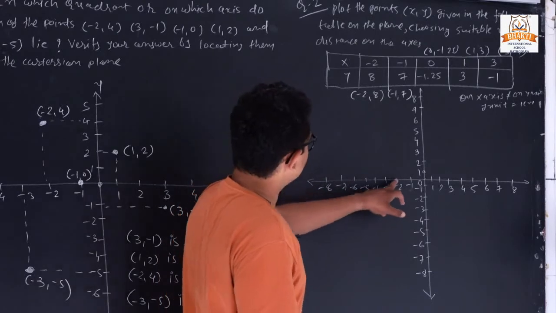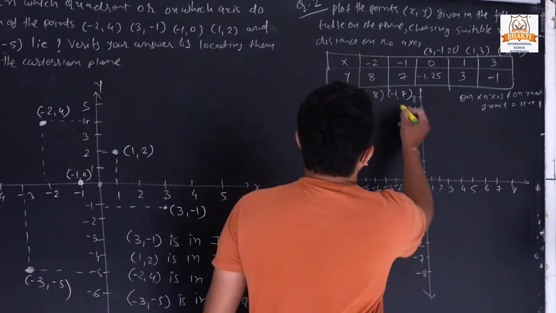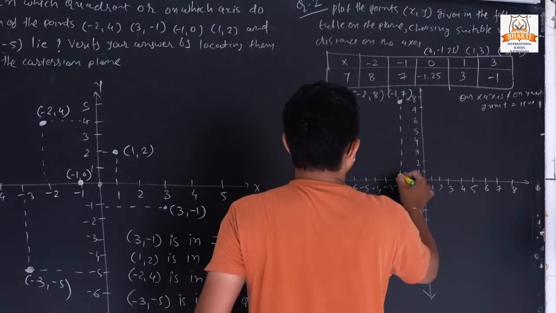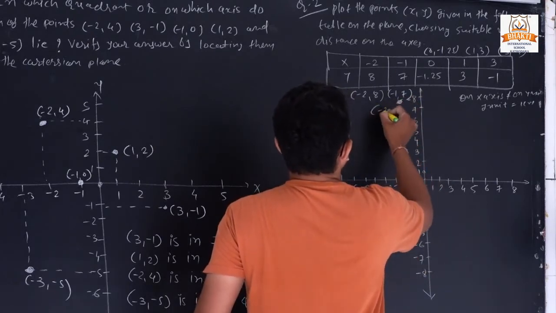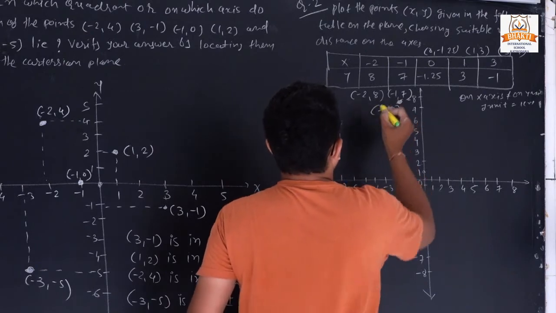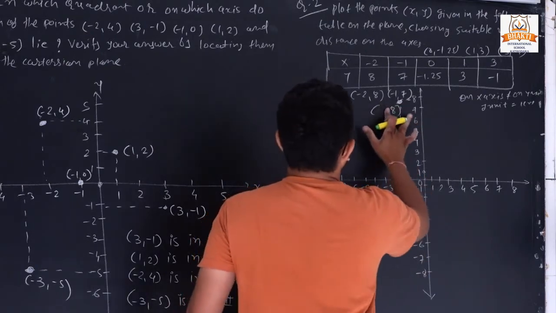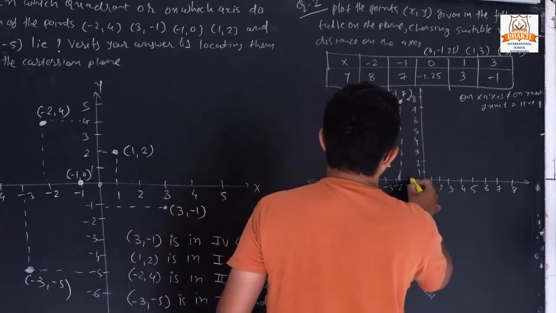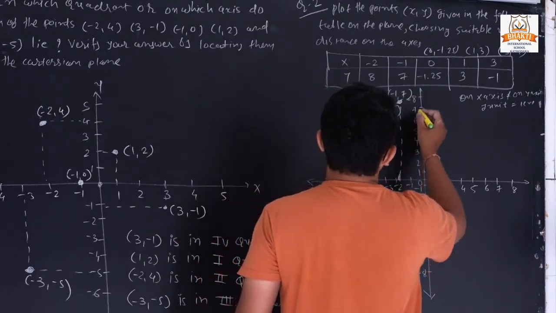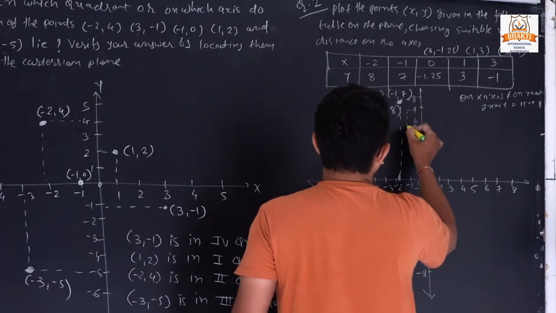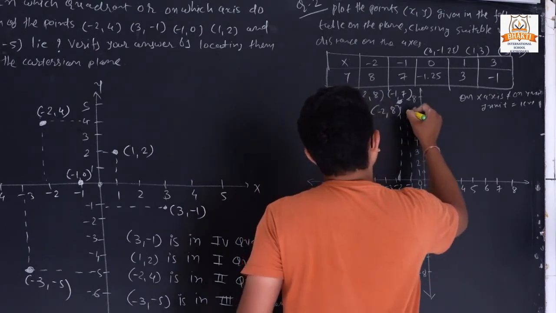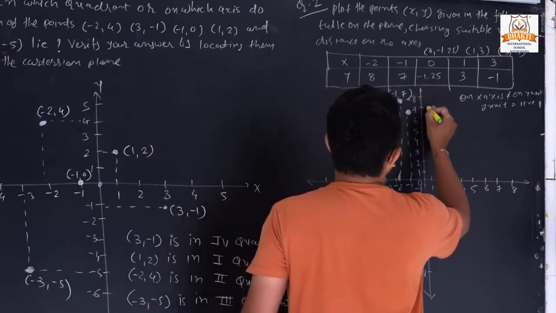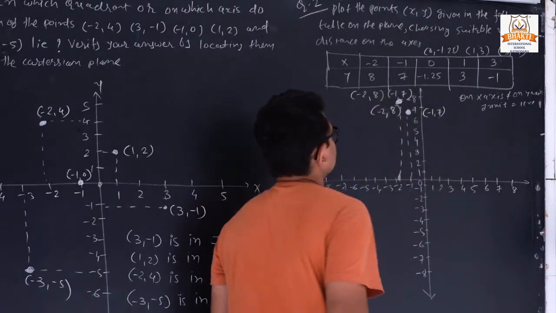So first, -2 and 8, so it is here. Clear? So it is (-2, 8). Next (-1, 7), minus 1 and plus 7, so it is here. Clear? It is here, (-1, 7).